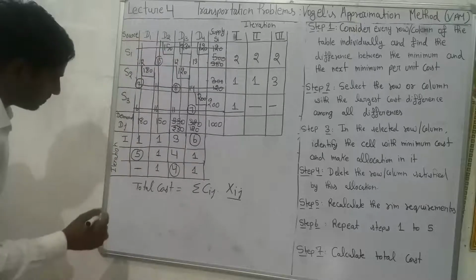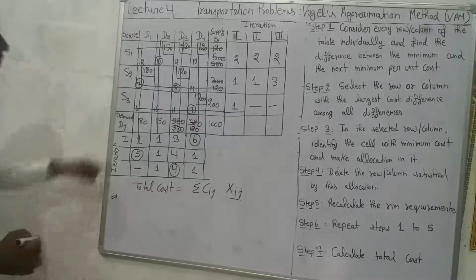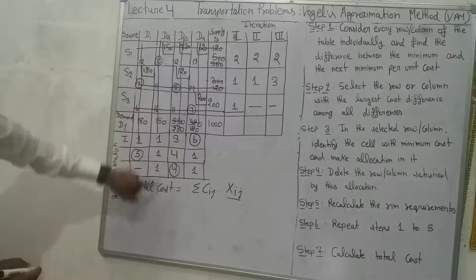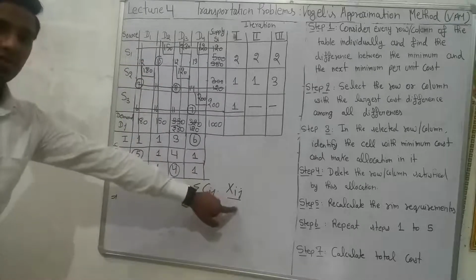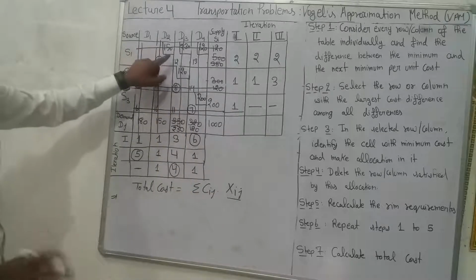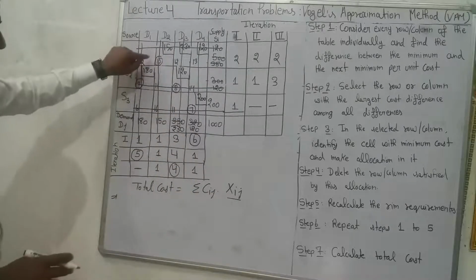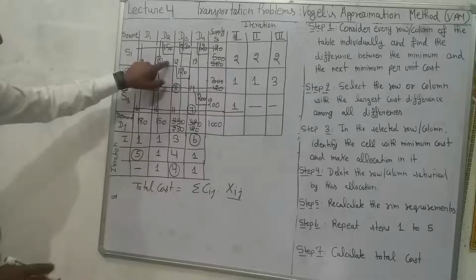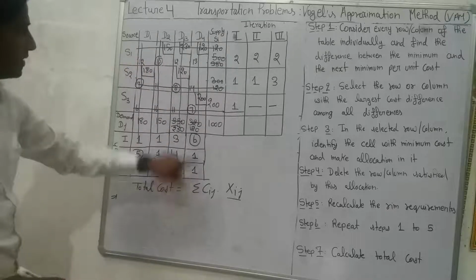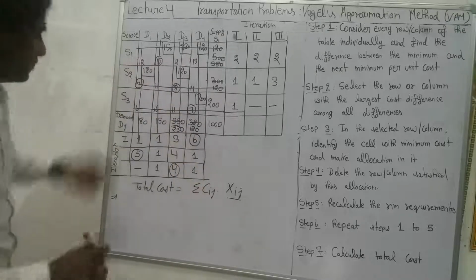So the total cost would be like this, and we apply this formula only on occupied cells in which we have allocated some units. For the first occupied cell, Cij is 10 and Xij is 150.